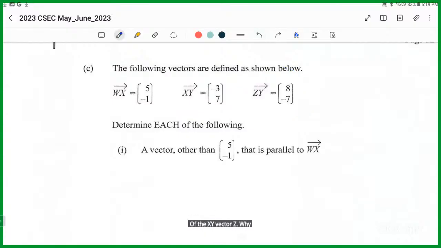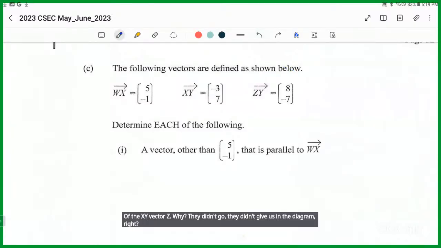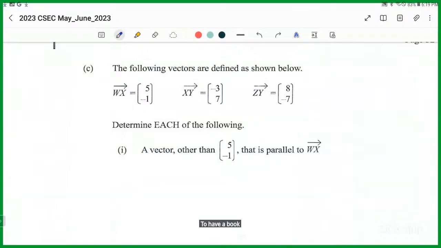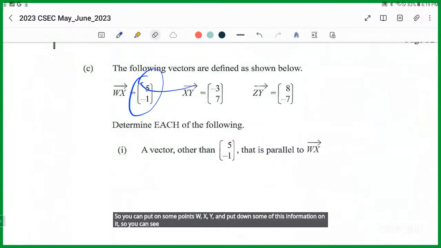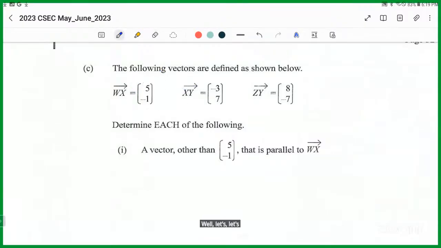They didn't give us any diagram, so we have to be smart now. Remember, vectors are about going from point to point. If you want, you can put on some points W, X, Y, and just put some of this information on it so you can see where we are. But let's just work with what we have.